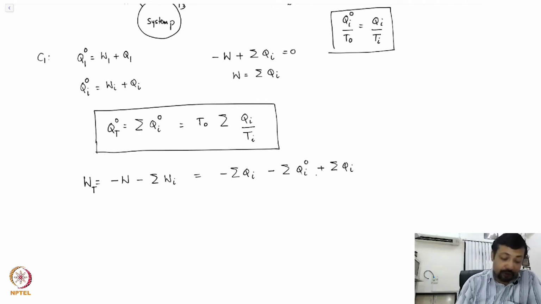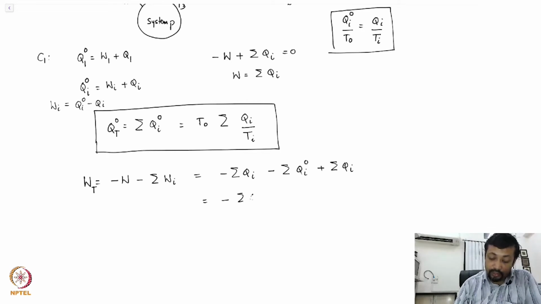This follows from here, where I can recast this equation as Wy is Qy0 minus Qy. Once I have this relation, it follows that this is sum over Qy0, which is minus Qt total.